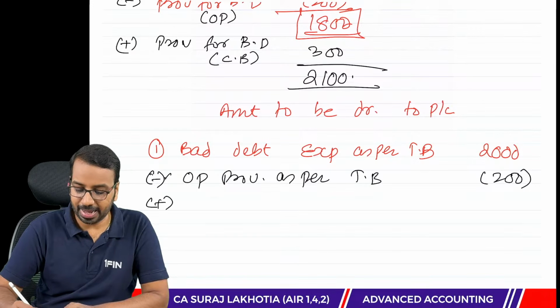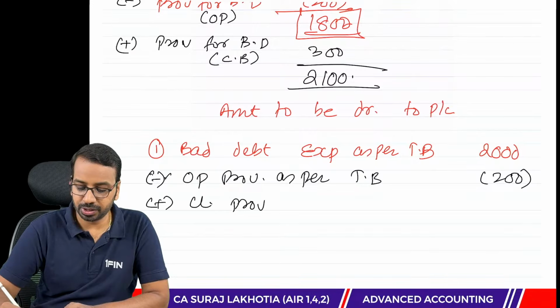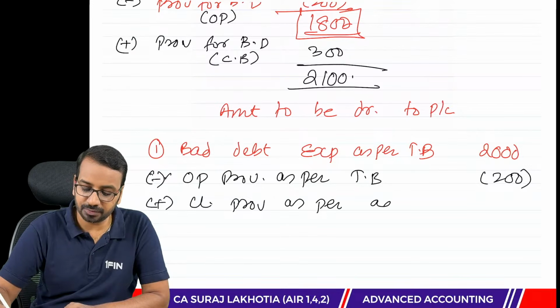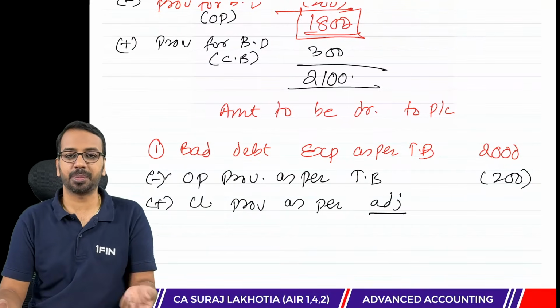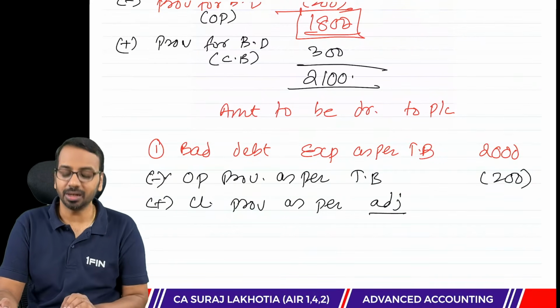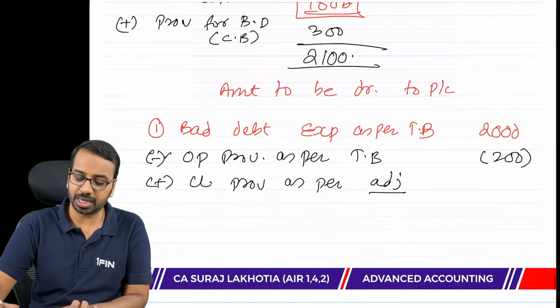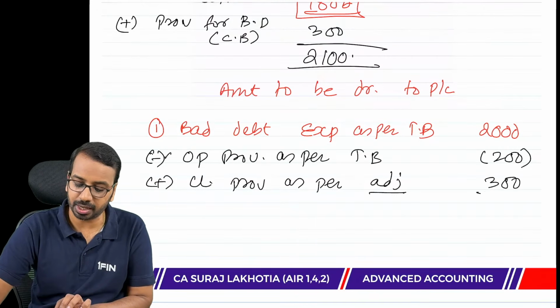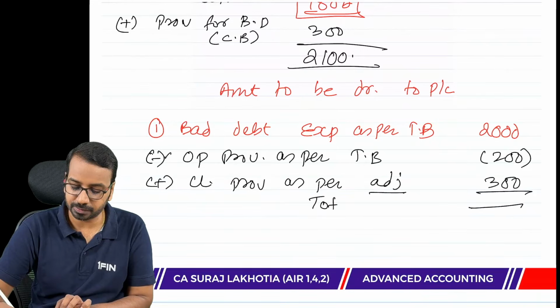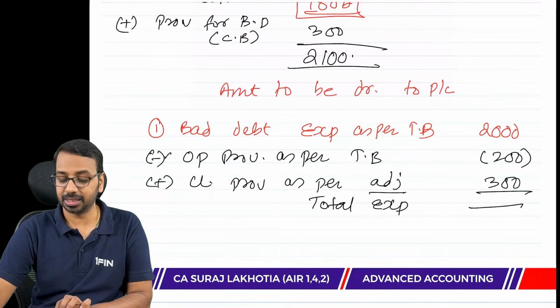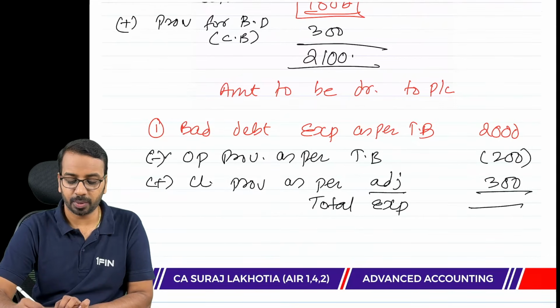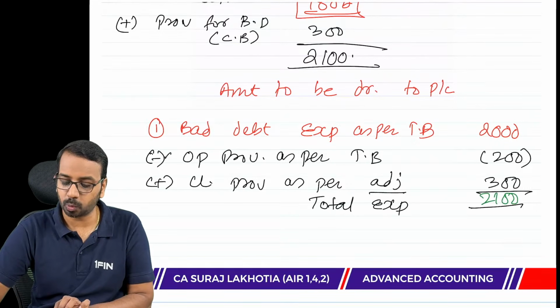Then you will add closing provision as per the information given in the adjustment, that you have to create provision of 2%, 3%, 5%. So closing provision as per adjustment, assume it is 300. So what is the total expense? Total expense is 2,000 minus 200, 1,800 plus 300. My total expense is 2,100.